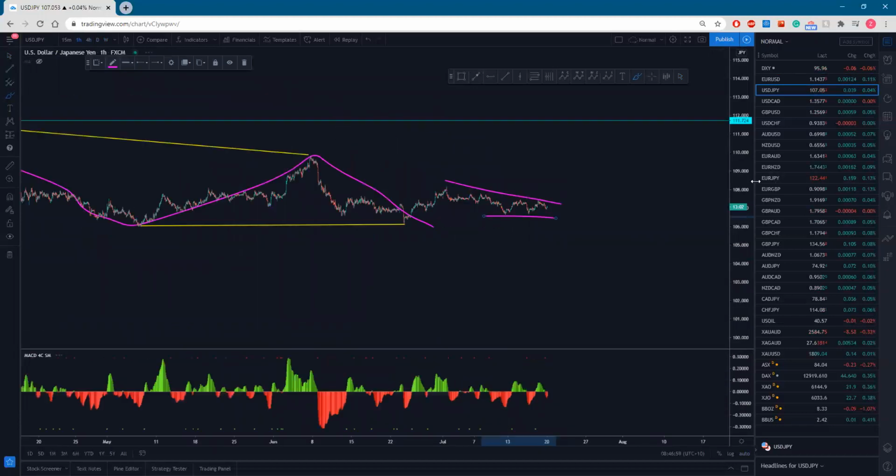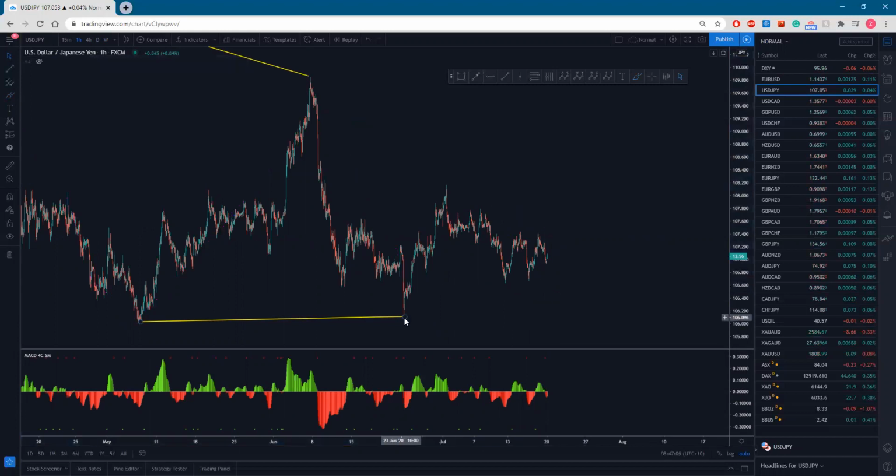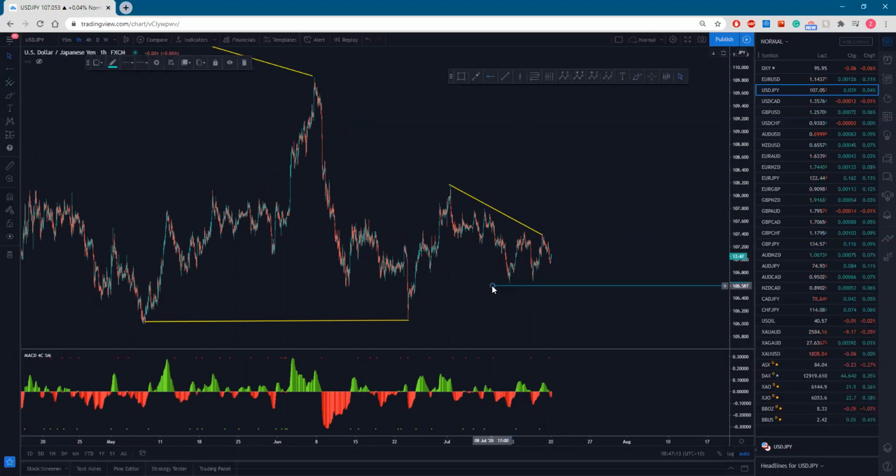So if we were to move to a 1 hour and take a look inside, it doesn't give us a clear indication that we're going up. However, I will be taking note of how this plays out.